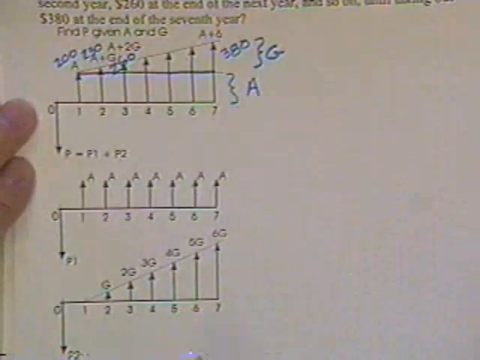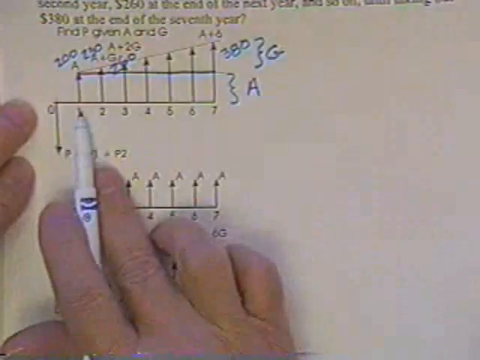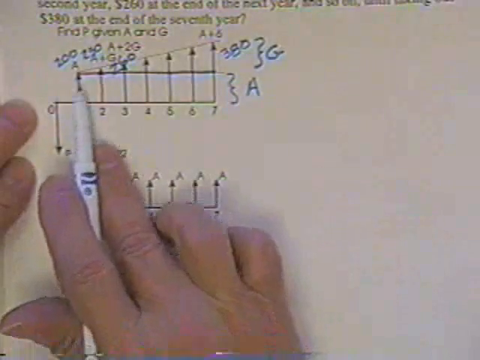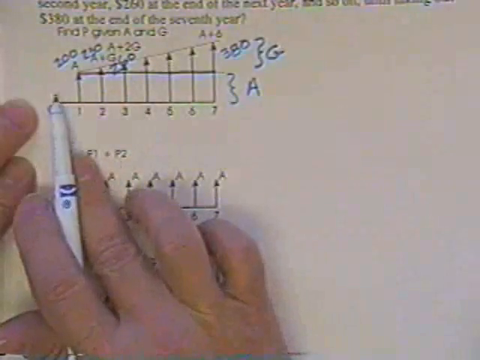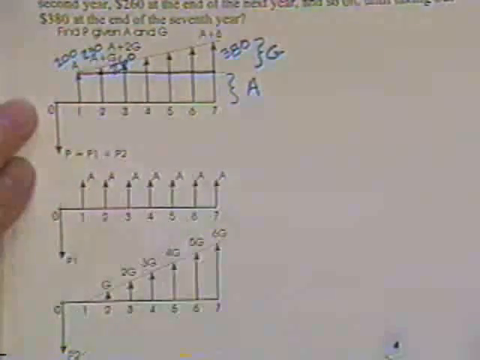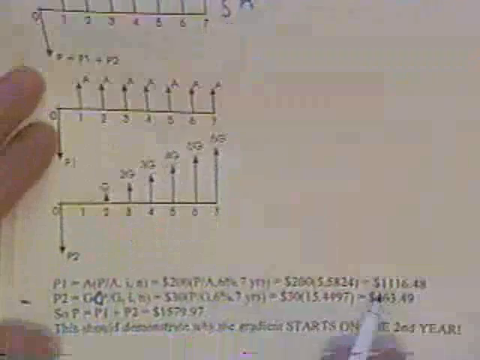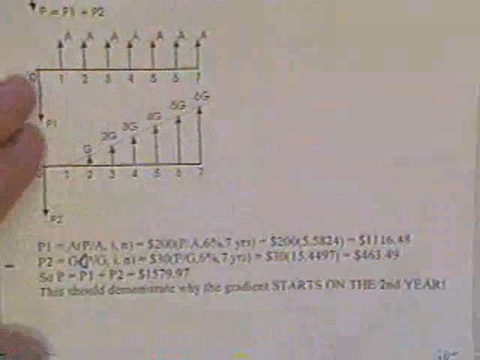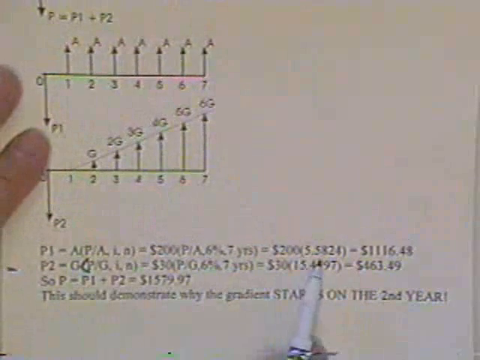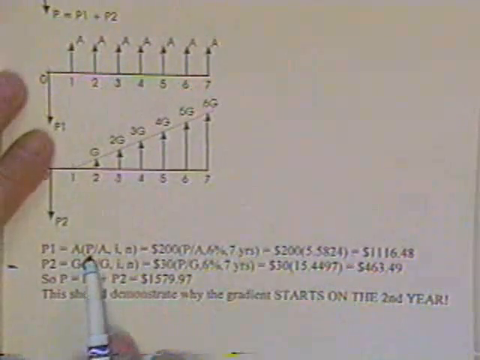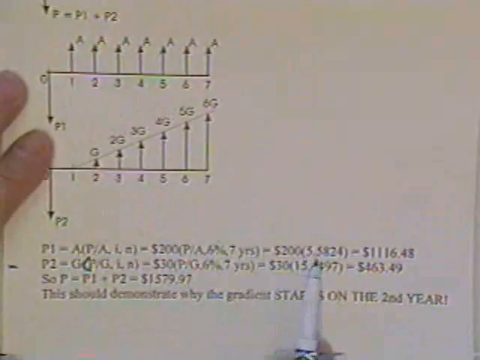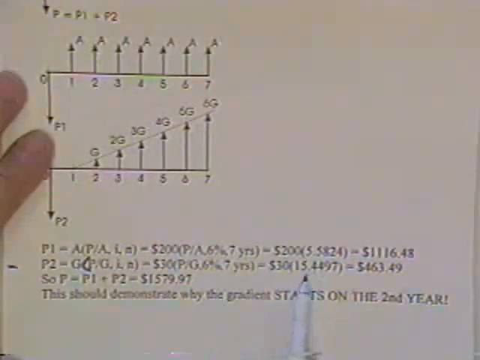The only time that they might mess you up is if they said, and I want to withdraw $200 today, moving this whole thing over to the left one slot, well then you'd have to work around that. You'd have to get it into standard form. Alright, then if you'll check the factors, you'll find that the factor needed to change an annuity into a present value would be 5.5824.